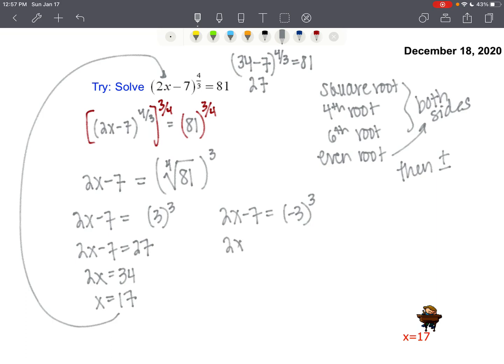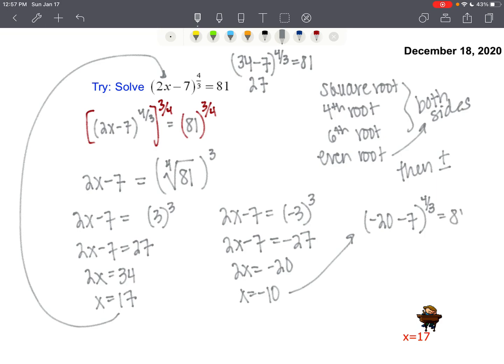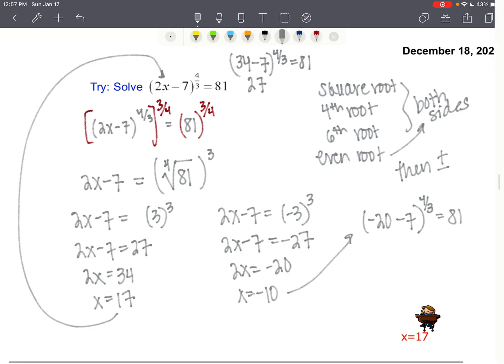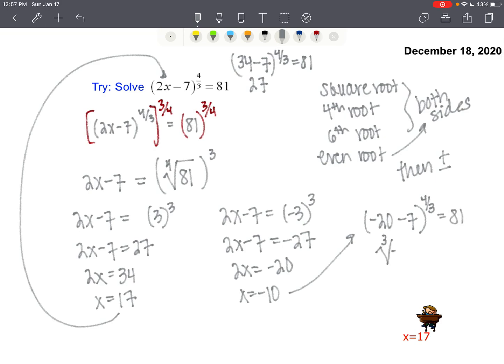Excellent. Over here, 2x minus 7 equals negative 27. 2x equals negative 20. x equals negative 10. When we put this back in, I've got 2 times negative 10 is negative 20 minus 7, negative 27. The cube root of negative 27 is negative 3.